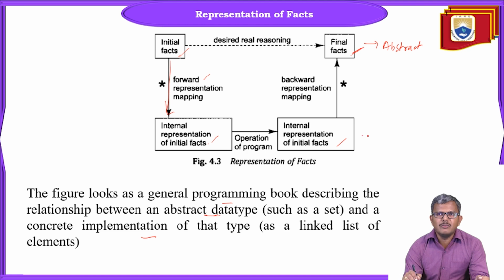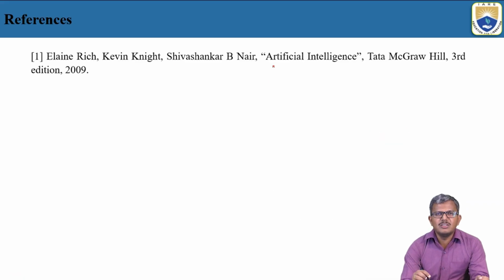And at this level, it is the concrete implementation. Everything is in an abstracted way, but how the representation of these facts is done is explained by the concrete implementation of that type.